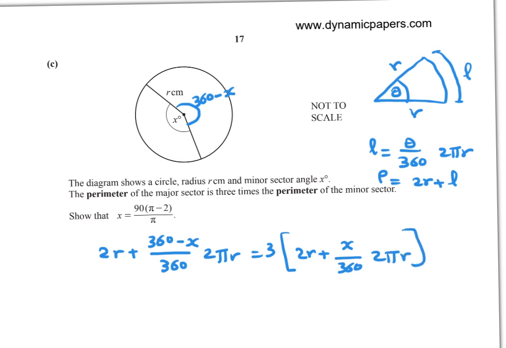Now we can cancel r. If you divide by r on both sides, you can cancel r from all terms.